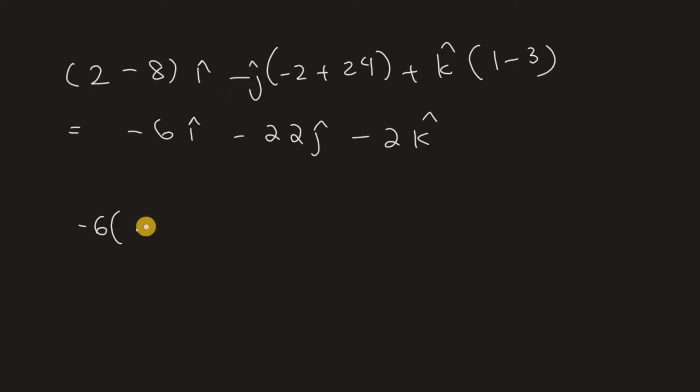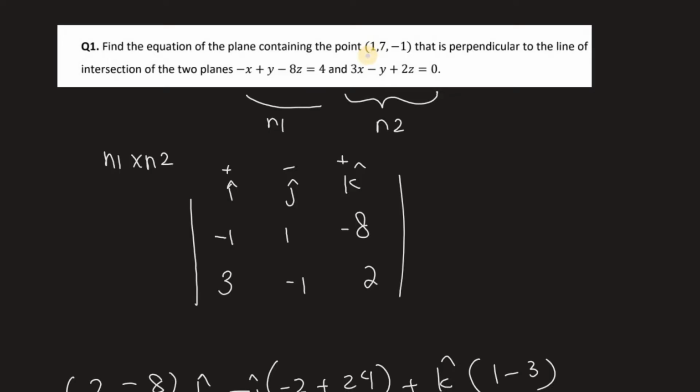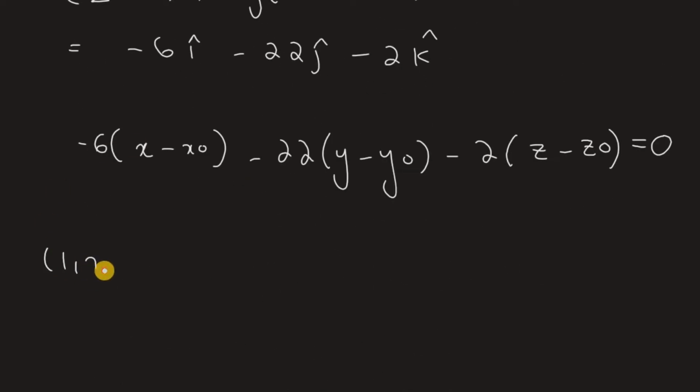The equation of the plane is something like x minus x0, and here comes the components of the vector that you have, and then you do the same thing for y minus y0, and -2 z minus z0 equals 0. And this x0, y0, and z0 is simply the point that is already given to us in the question: 1, 7, -1. So our point is 1, 7, -1.